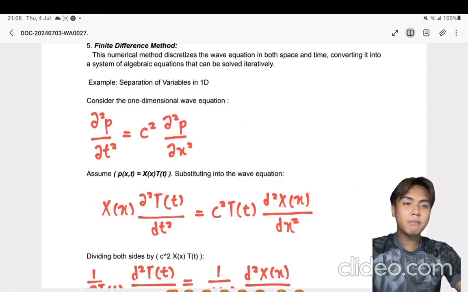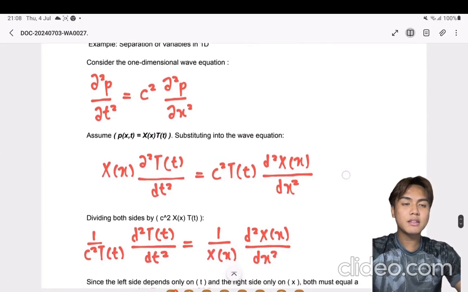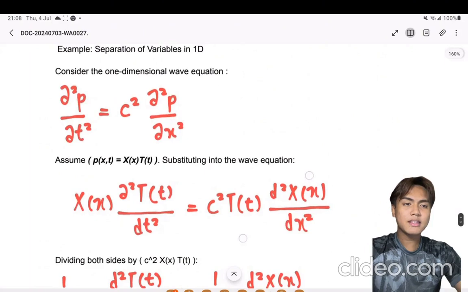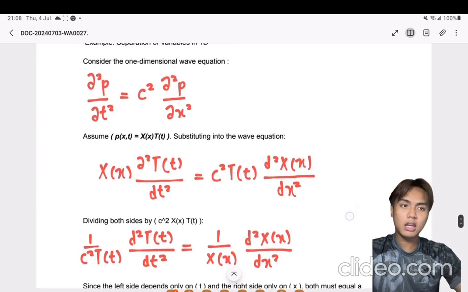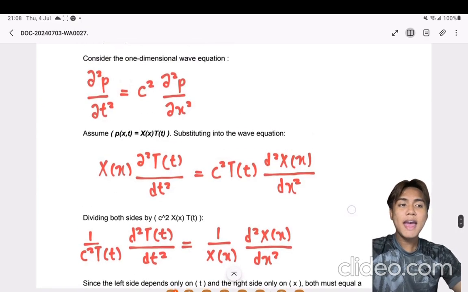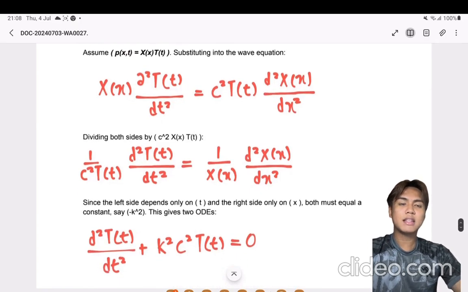And we divide both sides by c squared X(x)T(t), where we can get this after we divide both. Also, since the left side depends only on t and the right side only on x, both must equal a constant, which is negative k squared.